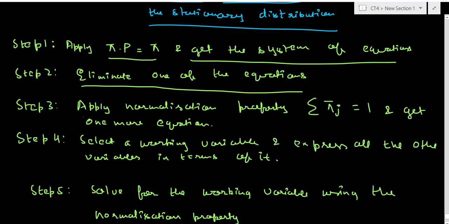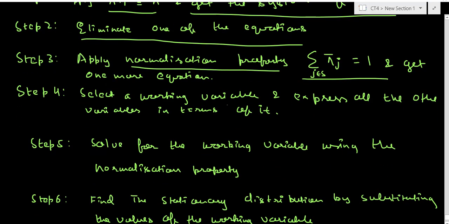The next step is to apply the normalization property. That means that the sum of the row vector for all values of j adds up to 1. So I'll add all the pi j values and equate them to 1, and then I'll have one more equation. So I have the same number of equations that I started with, because I introduced one more and eliminated one.